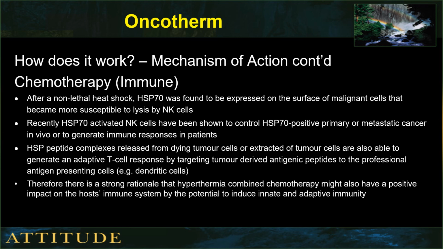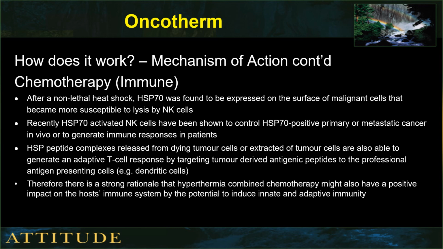There is a strong rationale that hyperthermia combined with chemotherapy might also have a positive impact on the host immune system by the potential to induce innate and adaptive immunity. The adaptive immunity specifically is where that T cell comes into play here. So again, this last point is how the immune system now becomes engaged.